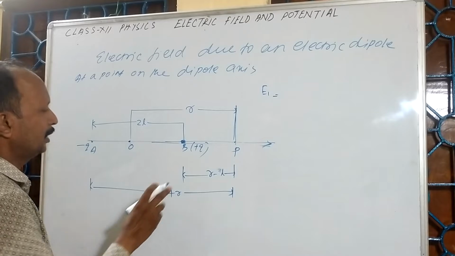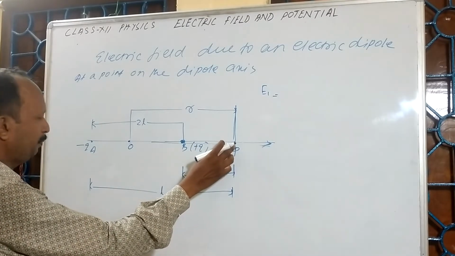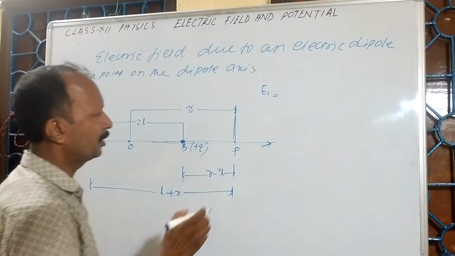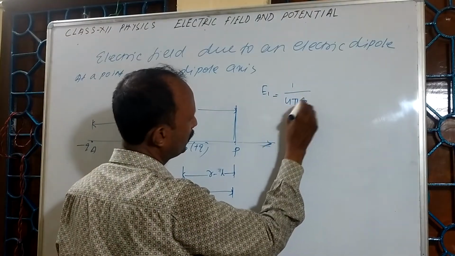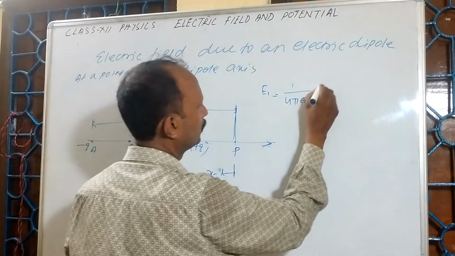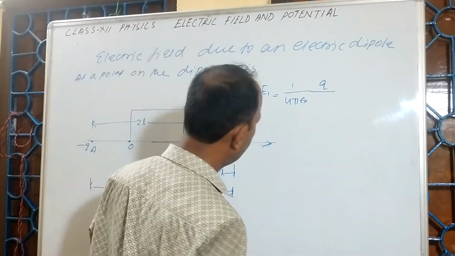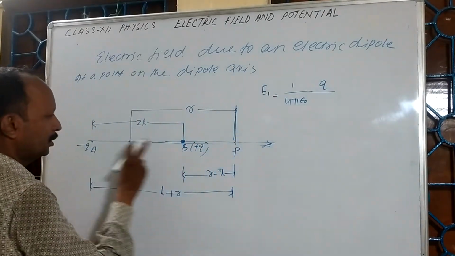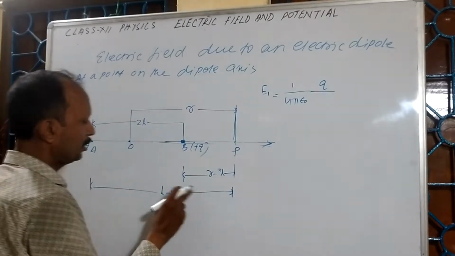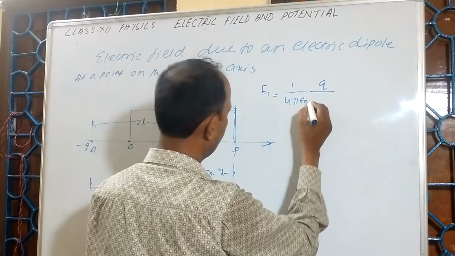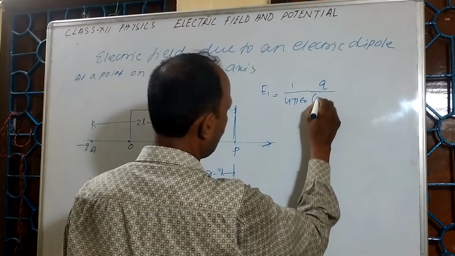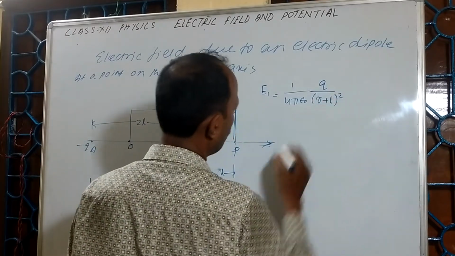E1 is the electric field at the point P due to charge Q. I can write this as 1 upon 4 pi epsilon naught, Q divided by (r plus L) whole square. So this is r plus L square.